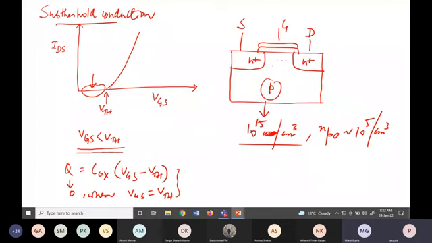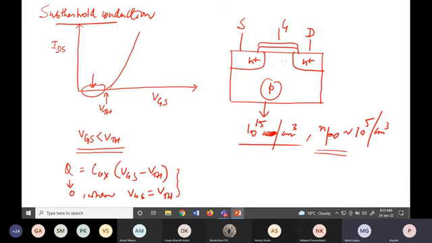Now this subthreshold conduction depends on this particular factor, that is the minority carrier concentration in the substrate. We can find out this subthreshold current because this is essentially a diffusion current.